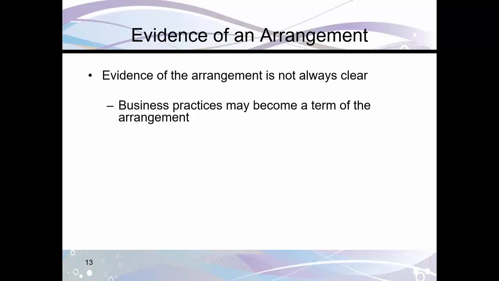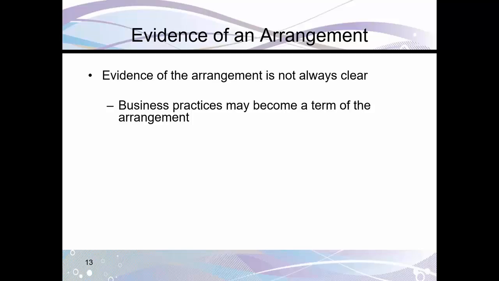Similarly, if a business has a practice of providing technical support and maintenance to customers without charge for products that they've purchased, then we need to consider whether that was an element of the arrangement that we would need to take into account when we do the revenue recognition for the transaction.